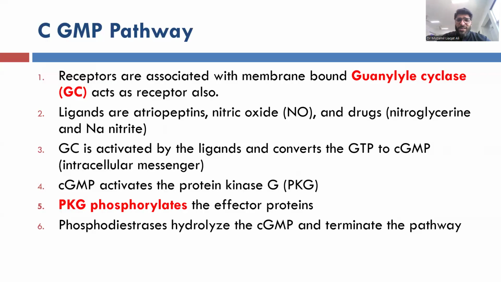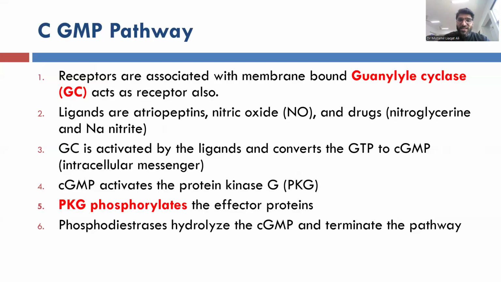The PKC is a serine or threonine kinase that phosphorylates multiple target proteins, leading to diverse responses such as smooth muscle cell contraction, platelet aggregation, secretion of hormones, and gene expression, right?